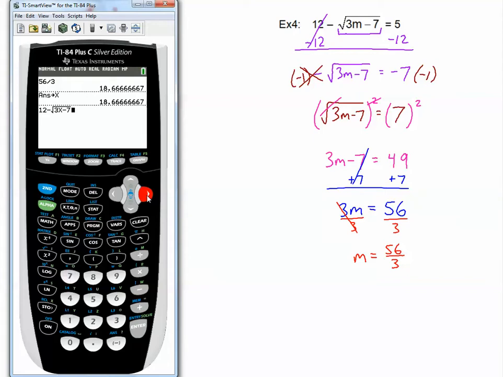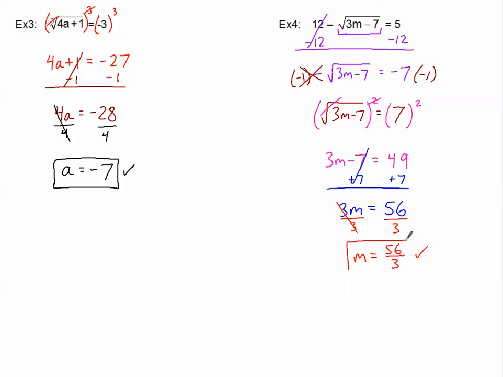If 56 thirds is the answer, then this should be equal to 5. Let's push enter. Hey, it works. So you can use your calculator to check, and I'll put a little check mark and say that works. What we did was we used the store button, the STO, it says on your calculator. And that's very handy if we need to check, especially some sort of fraction.